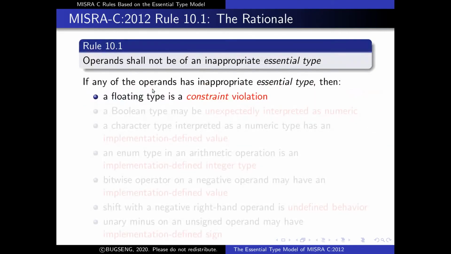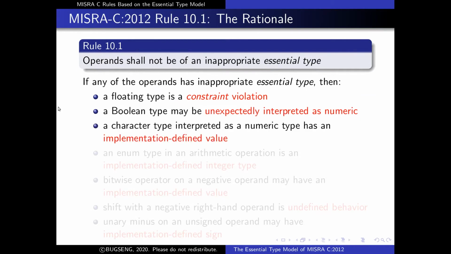The reasons are of various kinds. If the essential type is inappropriate, if you put a floating point type where you shouldn't, you may have a constraint violation, for example if you are trying to address an array using a floating. Or you may have a Boolean type that is unexpectedly interpreted as numeric. A character type interpreted as a numeric type has an implementation defined value.